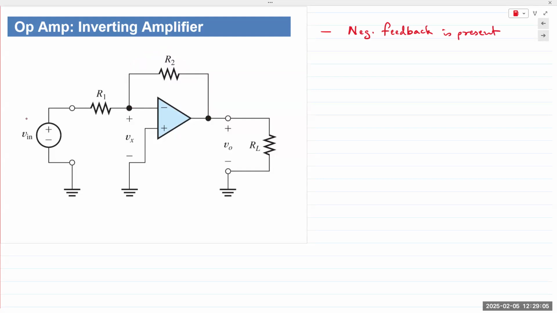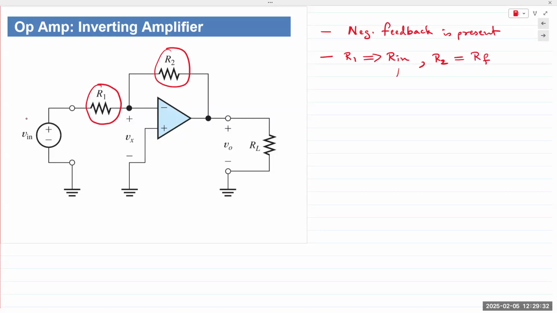And then we have two resistors, R1 in the input path, and then in the feedback path, R2. In some circuits, some books, R1 is referred to as R in, and R2 is referred to as the feedback resistor RF.